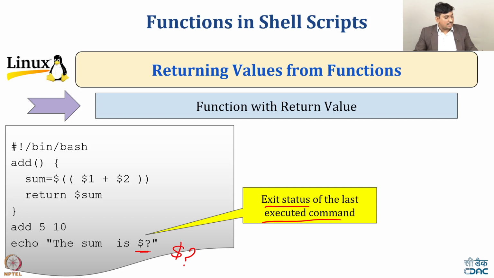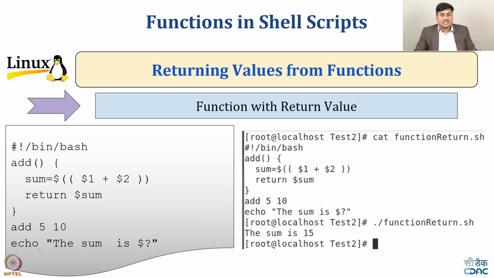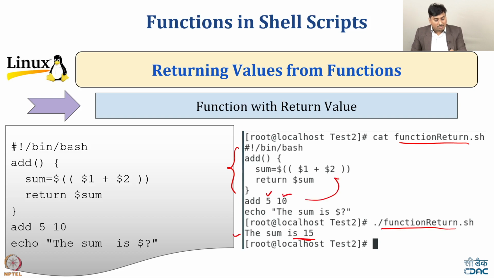So in this case, whatever the result of the earlier command, we are asking to print that with this statement. Programmatically, when we run this script, you can see this is the output. We pass these values 5 and 10 to the parameters, it adds those values into the sum variable, and we return this sum.